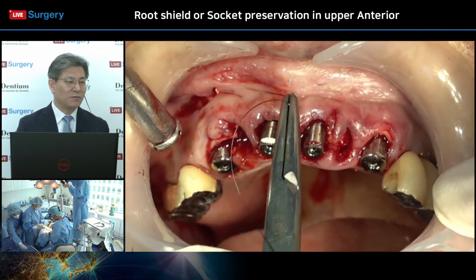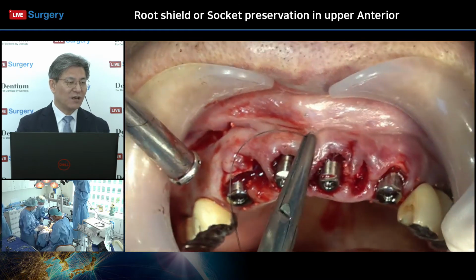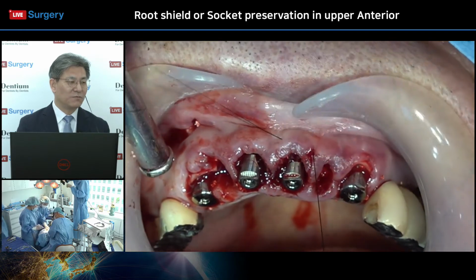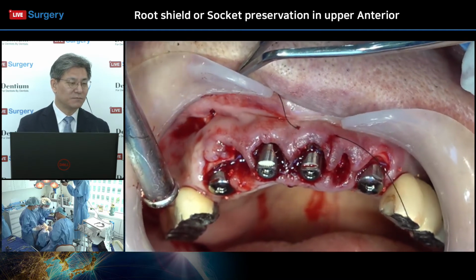Number 23, actually number 13, as you can see, has a big apical lesion and defect. So big GBR procedures were combined with implant insertion.